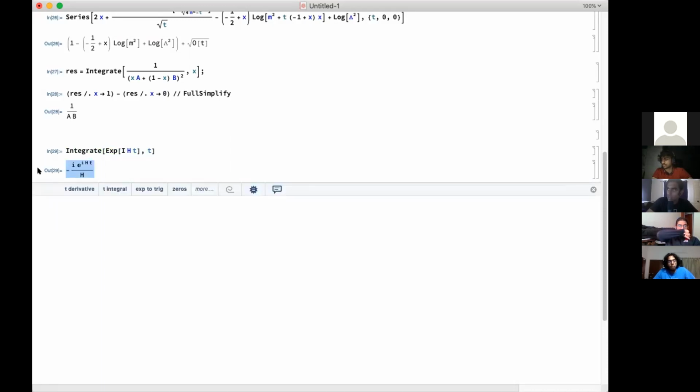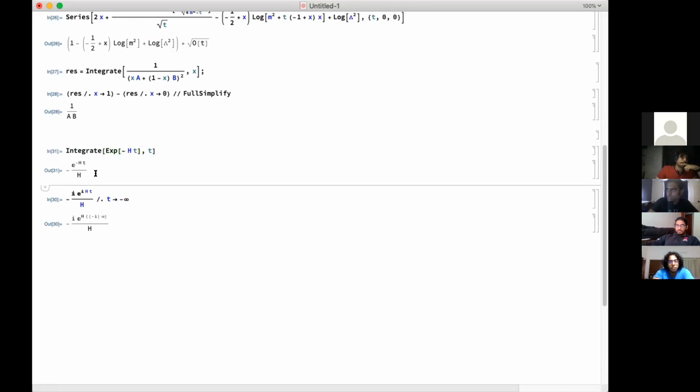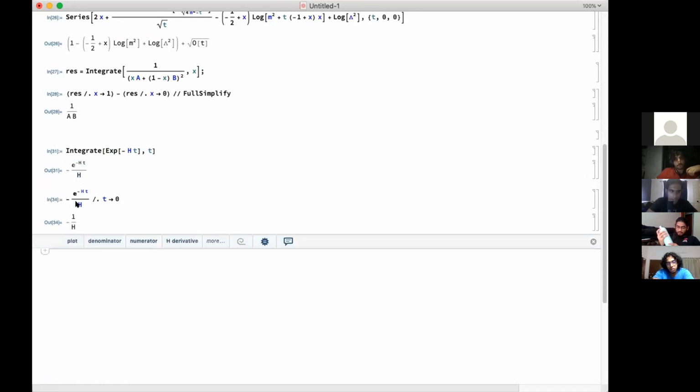So then if I took this and I had e going to minus infinity, well, okay, this is 0. Let's do this in Euclidean signature so that Mathematica knows what I want it to do. So this is going to decay to 0, and then I have t going to 0, which is minus 1 over H, right?